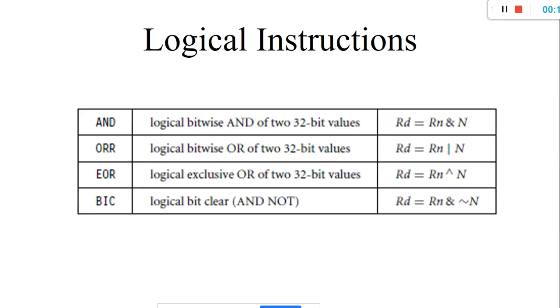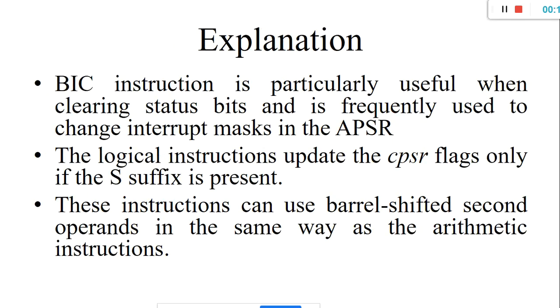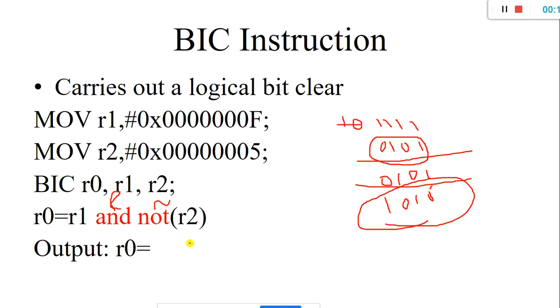So it's the output that we are getting here. R0 equals R1 AND operation followed by NOT operation of R2. Is it clear? So R0 equal to A we are getting. This is how the bit clear operation works.